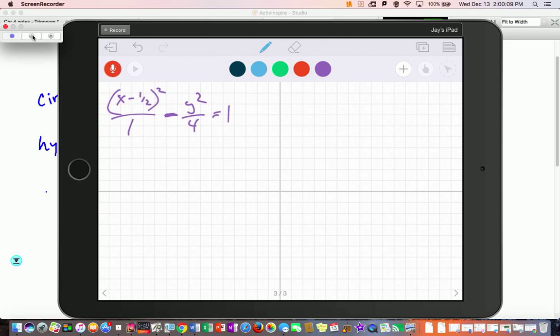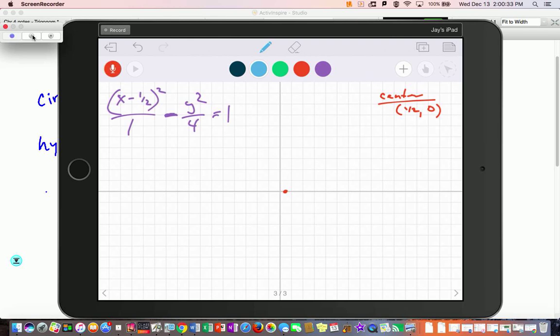So with the hyperbola, we're going to find our center, and it's to the right 1/2, 0. So it'd be right there. So let's do center 1/2 comma 0. Now I suggest you do the vertices first, and with hyperbola, it's all about what is written first.